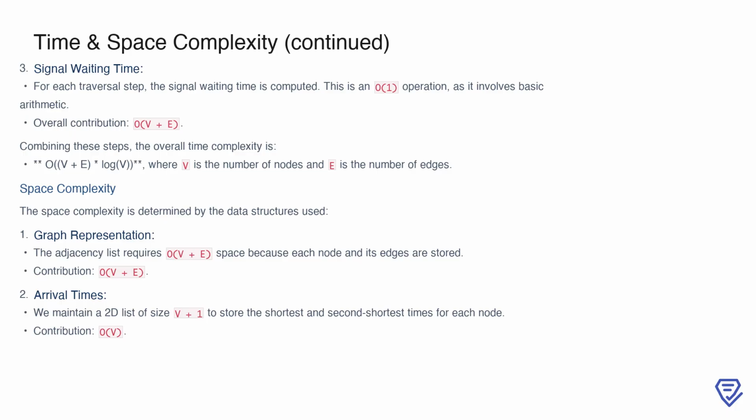Moving to space complexity, we start with the graph representation. Using an adjacency list, the storage requirement is O(v + e), because we store every node and its edges. Additionally, we maintain a 2D list to track the shortest and second shortest arrival times for each node, which contributes O(v) to the space complexity.